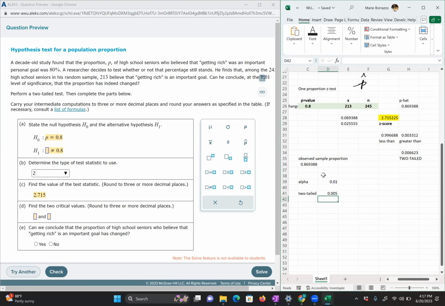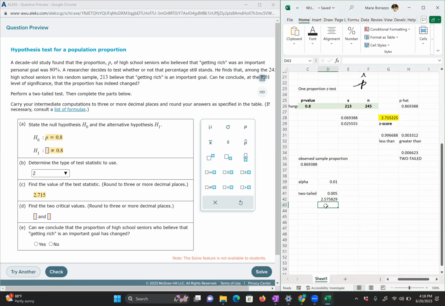So if I go equals NORM.S.INV, I want the absolute value of this number, so actually it's going to be 2.576. So let me clear that out for you so you don't have a problem. That's the absolute value of that number.